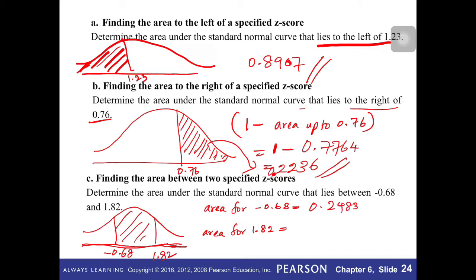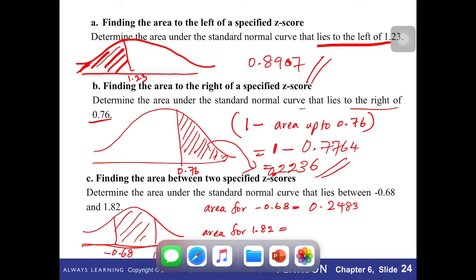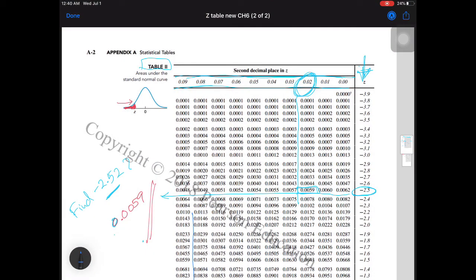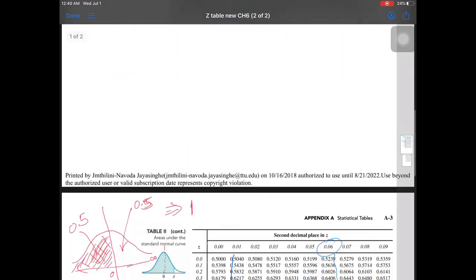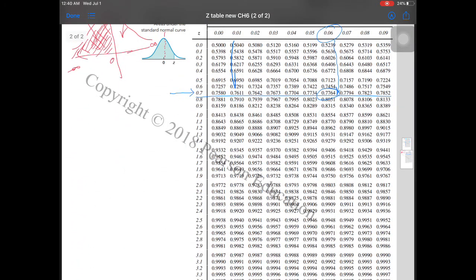Okay, go back and find 1.82. 1.82 is positive, so you have to go to the second table. So first I have to find 1.8, then 0.02.